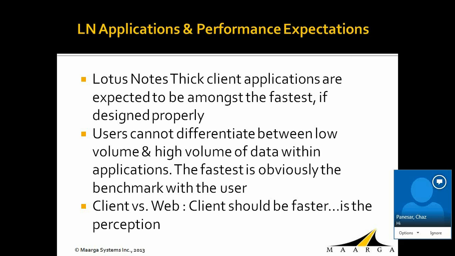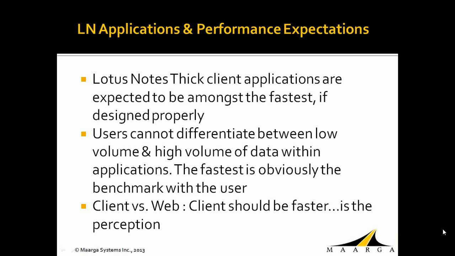So irrespective of how much data the NSF contains, they tend to compare this application with the fastest that they have experienced in their work history. Users are very sensitive towards the fastest application and the slowest application.